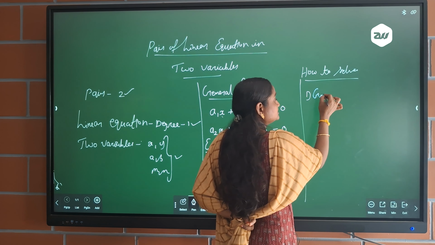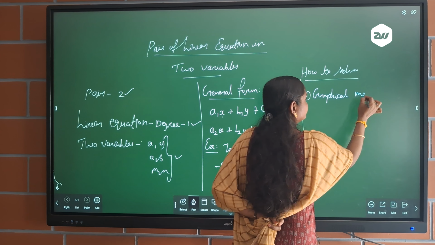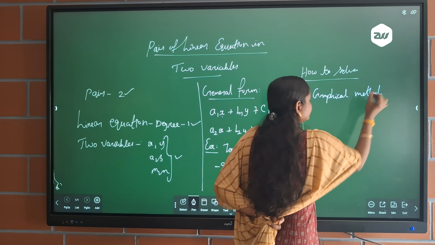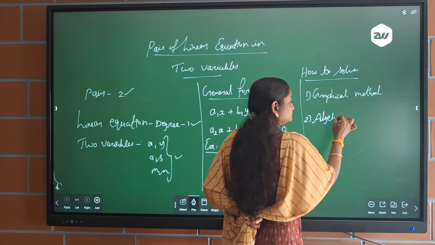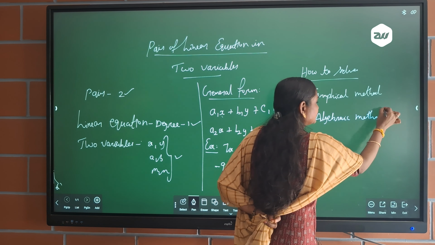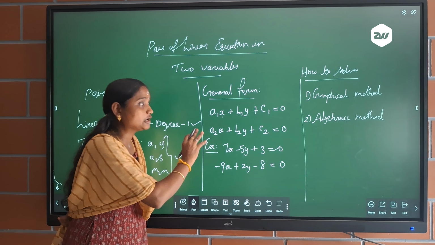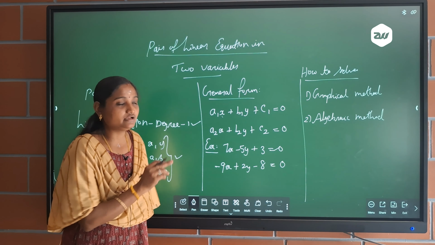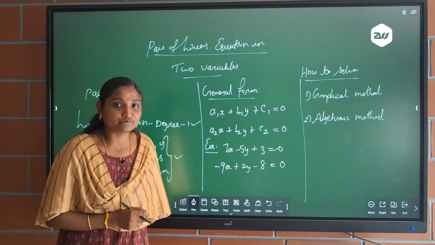One is called as graphical method. The second one is called as algebraic method. ஓகேங்களா? 2 different methods are there to solve the equation. One is graphical method, another one is called as algebraic method.